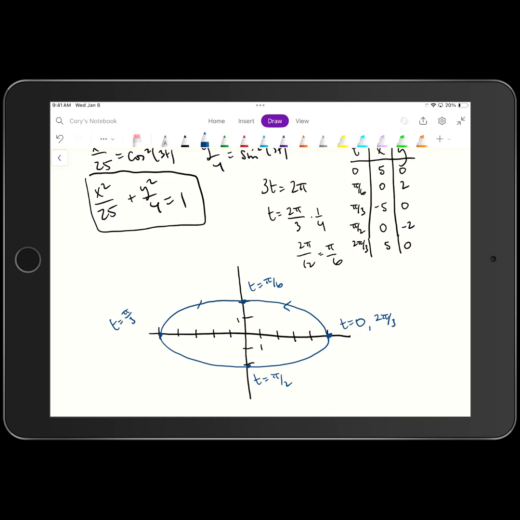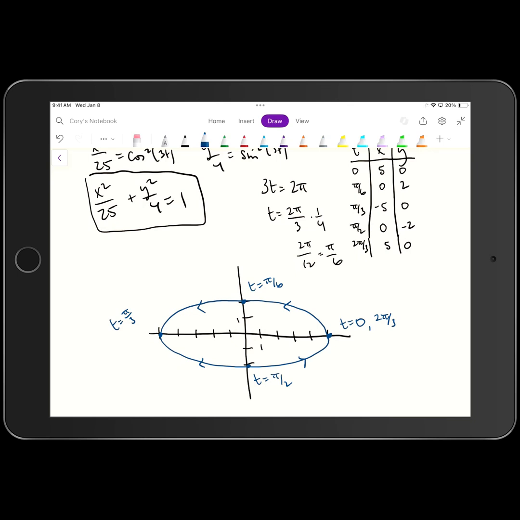Now, what's going to be different about graphing this set of parametric equations is that when a particle moves along this ellipse, it's actually going to circle the ellipse 3 times. How do I know that?